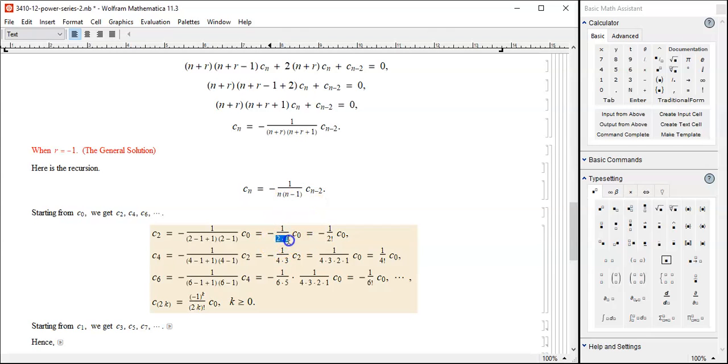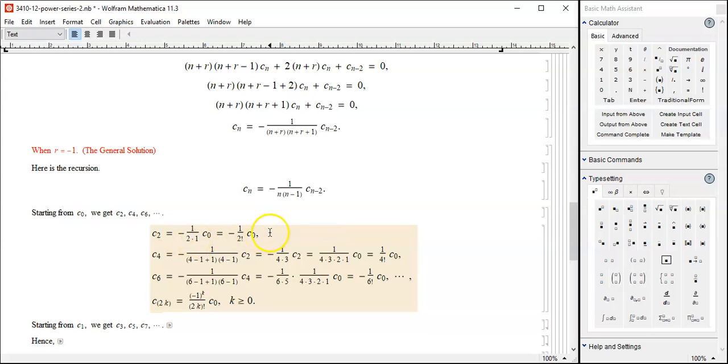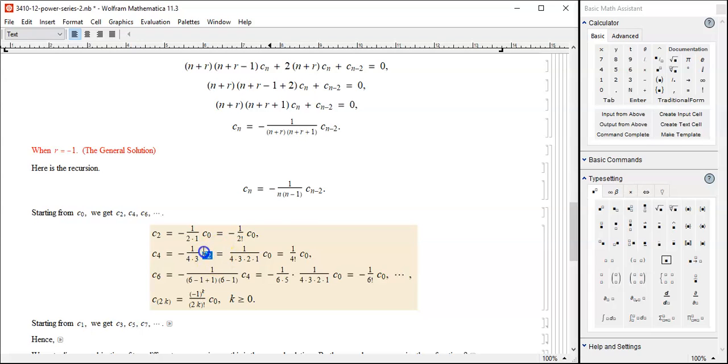Okay, we get to this one directly. So I can bypass this part and go to this directly. Next, C4 will be 4 times 3 times C2. We'll get to this directly. But then again, C2 is what we had before. So we get that.